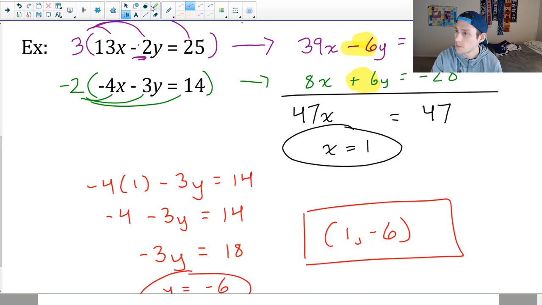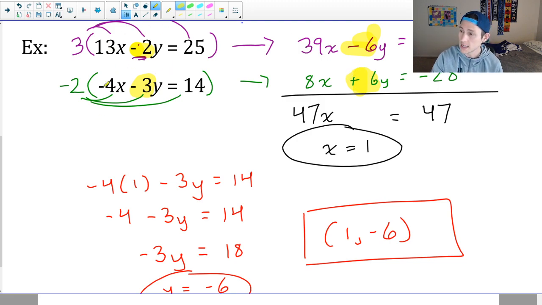So for example, this was originally my system. Then I started looking at the -2 and the -3, and I thought, it would really be easy to get those to be 6 and -6. So -2 times 3 gives me -6 here, and -2 times -3 gives me the +6. Again, that's what we want: the same coefficient, but one positive and one negative.